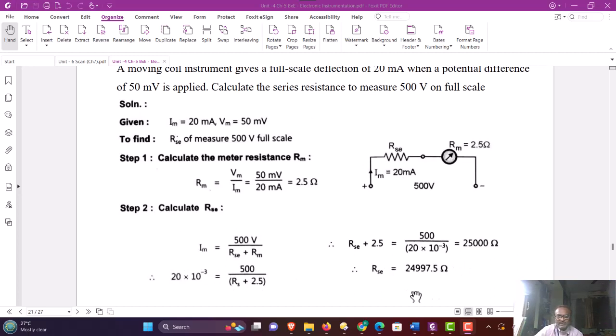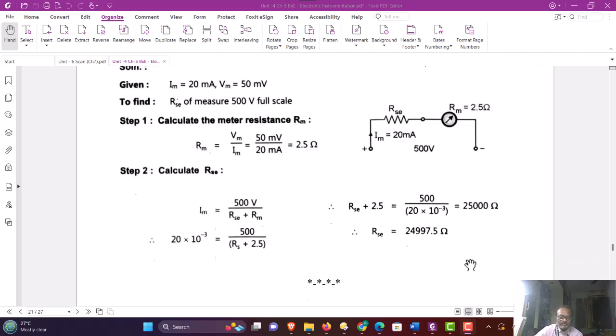After simplification, you will get the series resistance comes out to be 24,997.5 ohm. That is approximately 25 kilo ohm. So when you connect RSE of 25 kilo ohm with the selected PMMC instrument, then this instrument can be in total used as a voltmeter to measure the voltage from 0 to 500 volt.